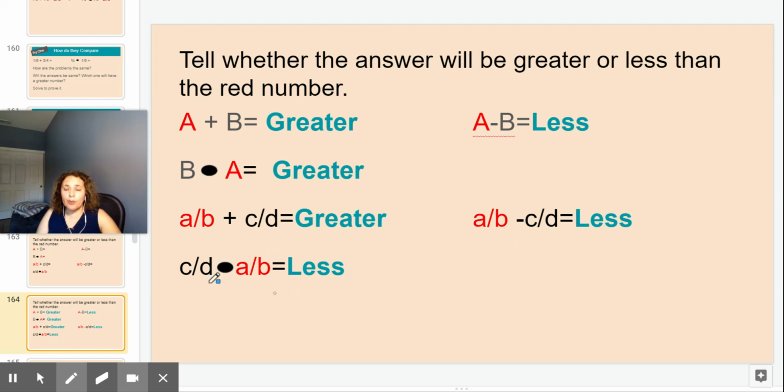When you multiply two fractions together, we already saw it's got to get less, right? Because you're taking a part of something. So your answer has to be less when you're multiplying just regular fractions that are less than 1. They have to get smaller because it's not even a whole. It's only a part of something, and then you're taking a part of it. So it's got to become less.